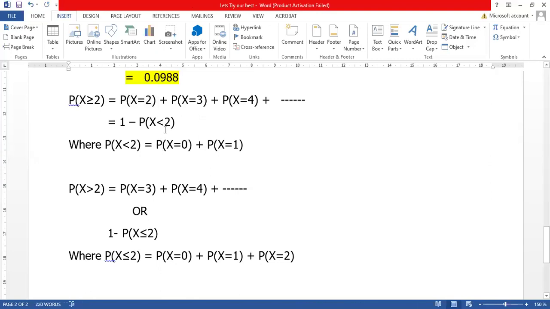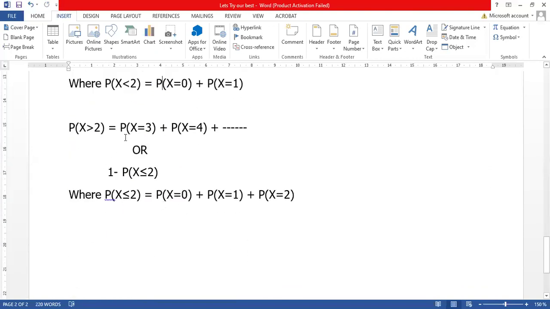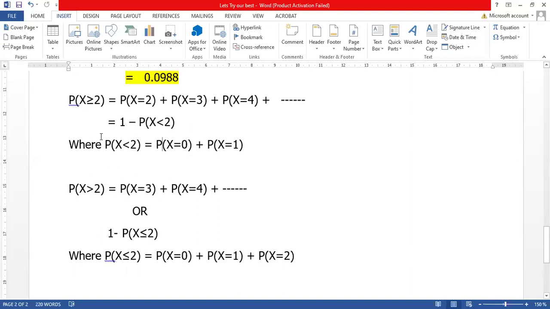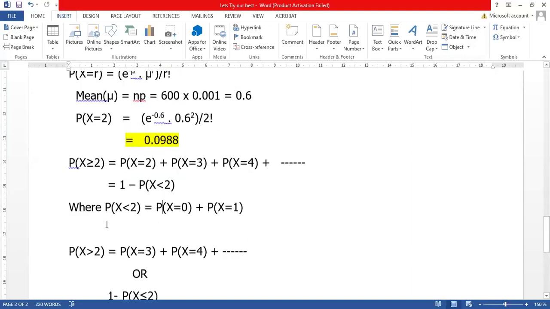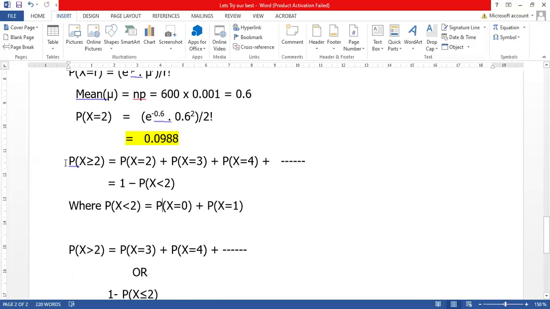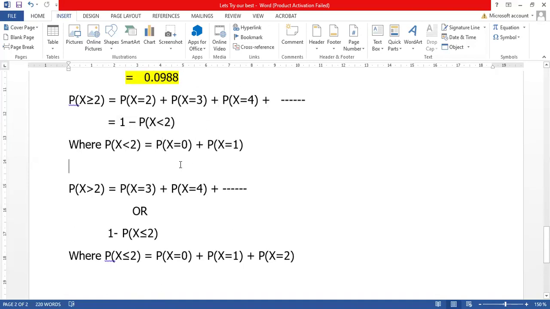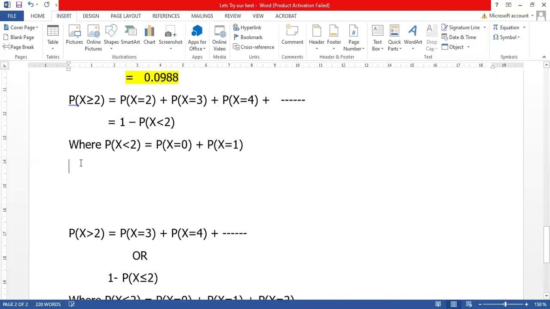Okay, so we are done with that question. If a question is like, let's say, get the probability of at least 2, the question is saying that at least 2 students access the loan. So it means that you will need to get the probability of x is equal to 0.